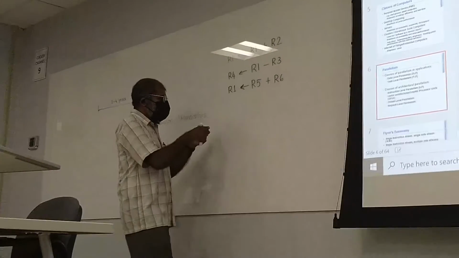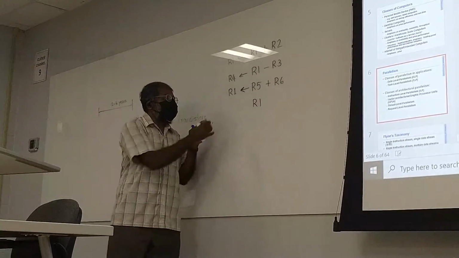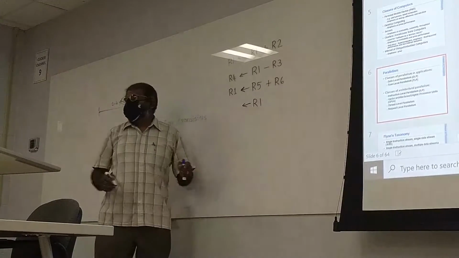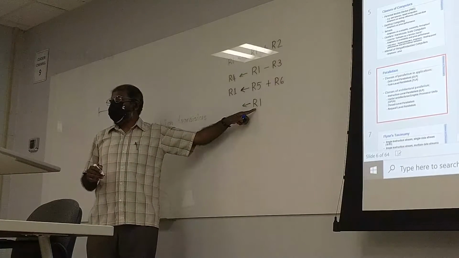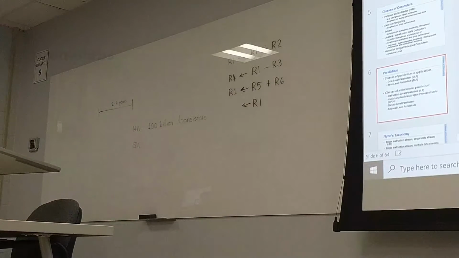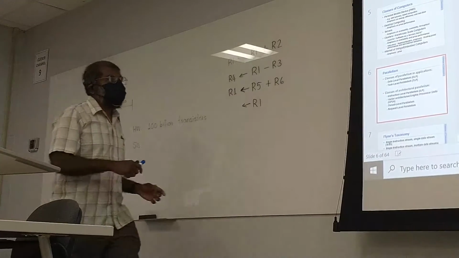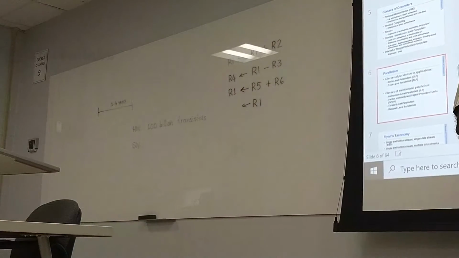So if the next instruction is needing R1, the hardware will remember that and modify this too. So there are a lot of techniques under the belt of ILP, instruction level parallelism.